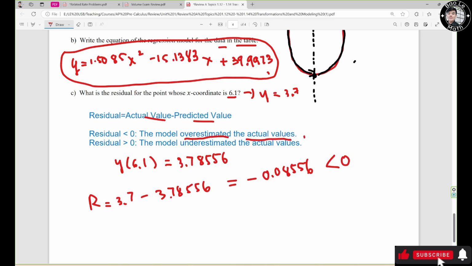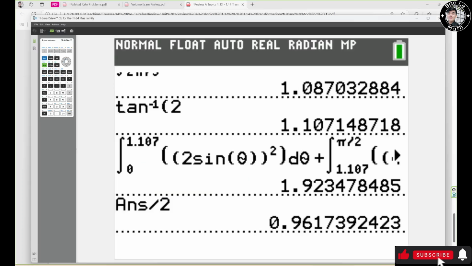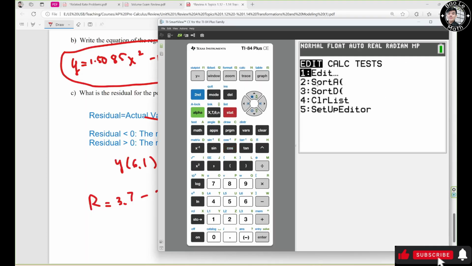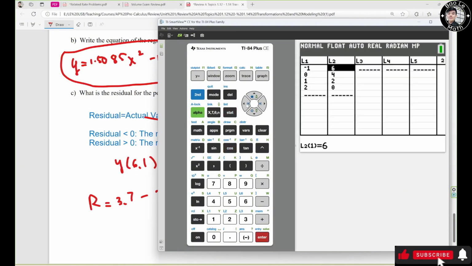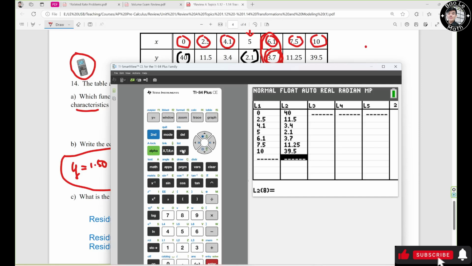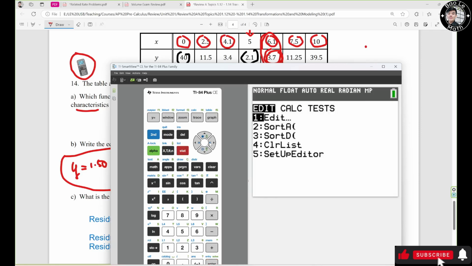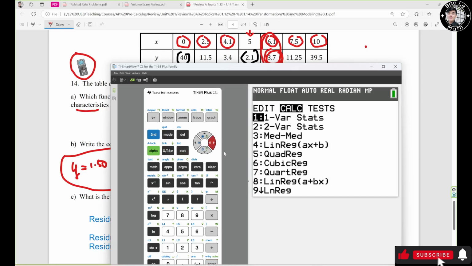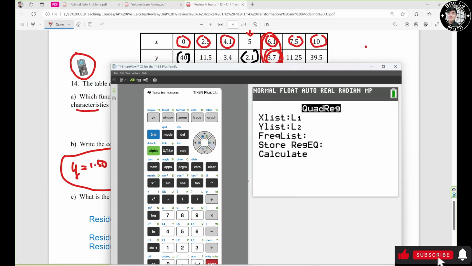Now we can use the TI-84 Plus CX calculator to do this. Alright, I'm going to hit stat, edit, and hit enter. Now I need to input values for the first and the second columns, which are L1 and L2, right? Alright, next I'm going to hit stat, go to calc number 5, quadratic regression, hit enter.